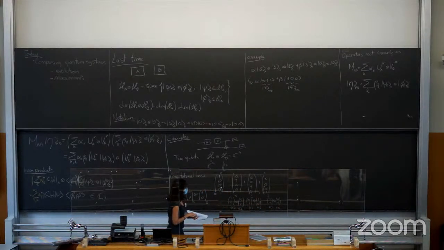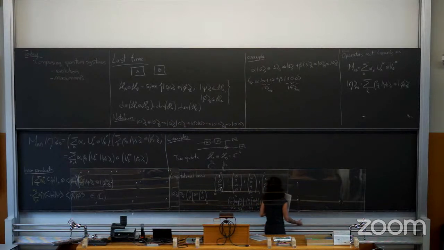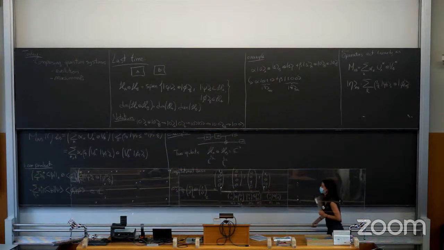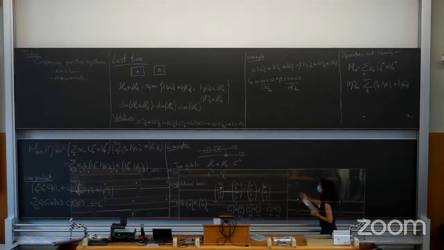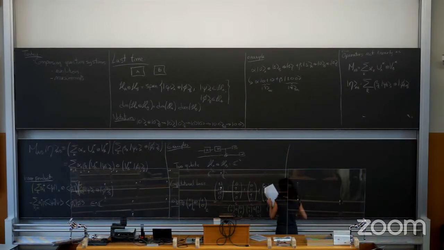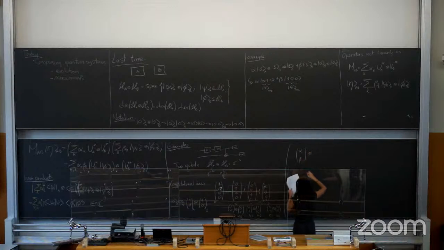Maybe I'll write the general case, and then we can see a very simple way to look at it. If you have 2 qubits, and one is in the state alpha, beta, and the other one is gamma, delta.